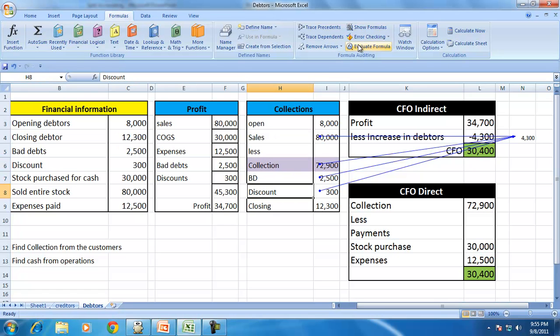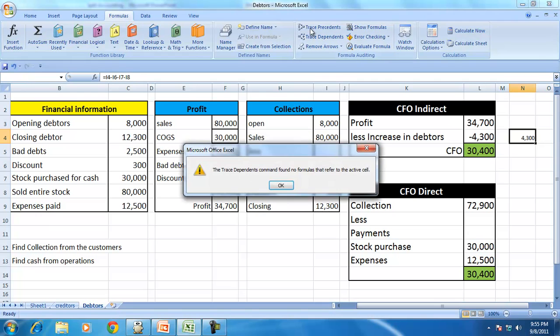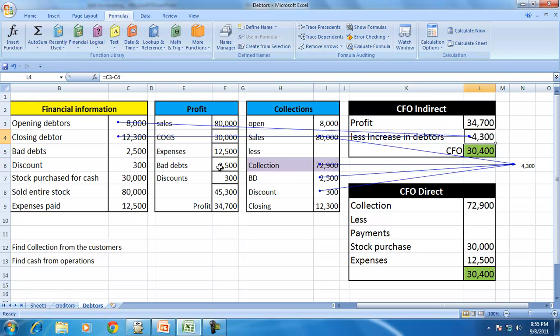So in an indirect method, when we are accounting for the increase and decrease of the debtors, it indirectly takes care of the transactions. The difference between the opening debtors and the closing debtors is actually the net effect of the transactions during the period.